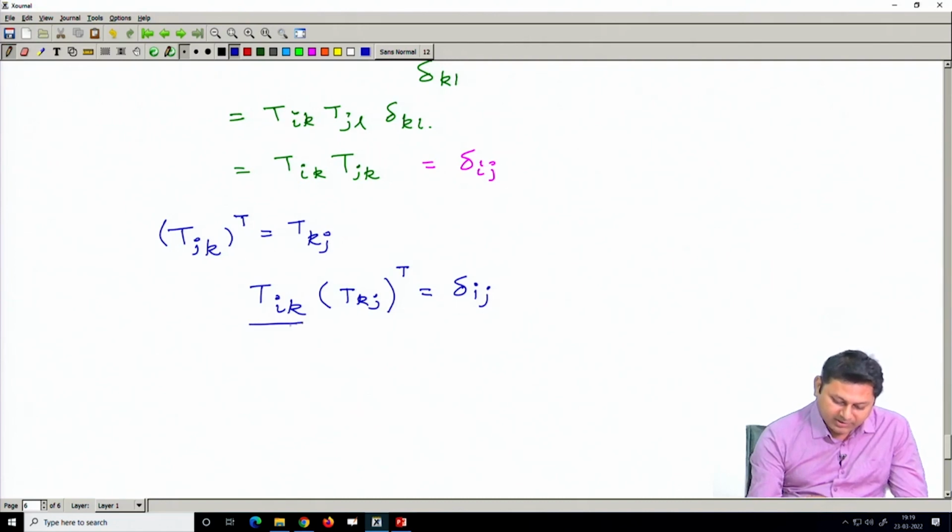Now this is a matrix element and this is a matrix element, with k sitting in between. So I can simply write that the matrix T multiplied by its transpose, these transformation matrices, should be equal to unity.